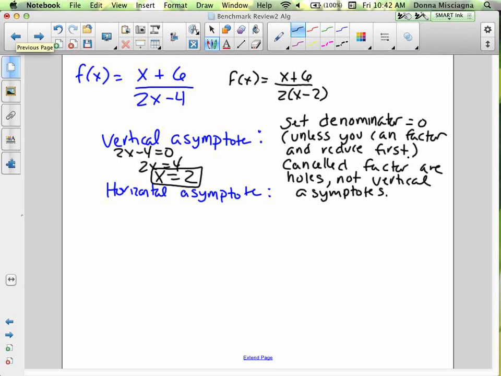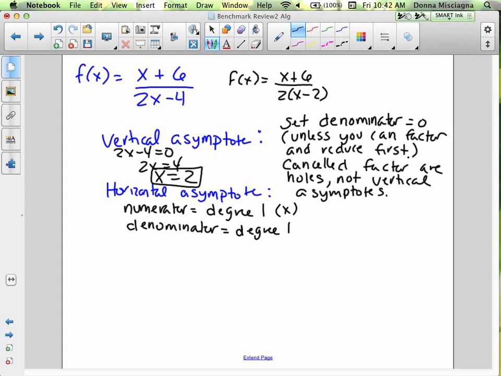Horizontal asymptote, so notice that the numerator is degree 1. The denominator is degree 1, right? Because you've got an x. An x is degree 1 because it's x to the first power.